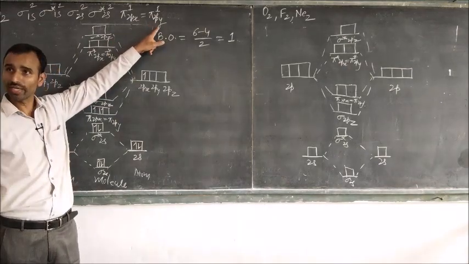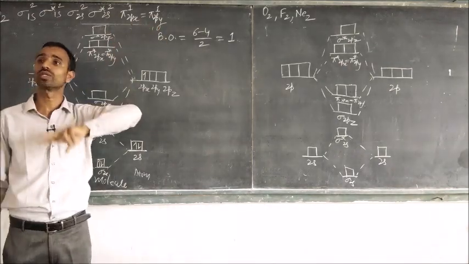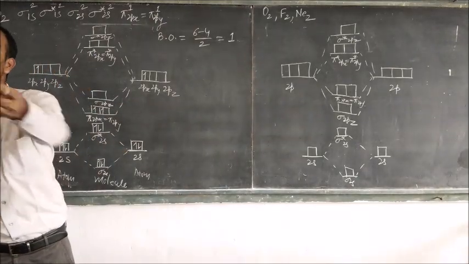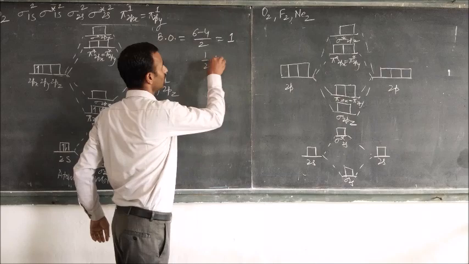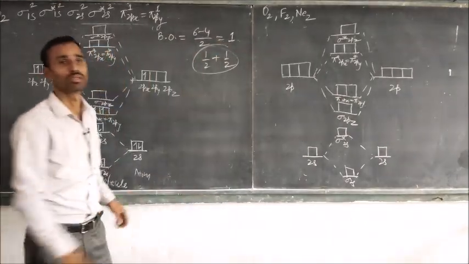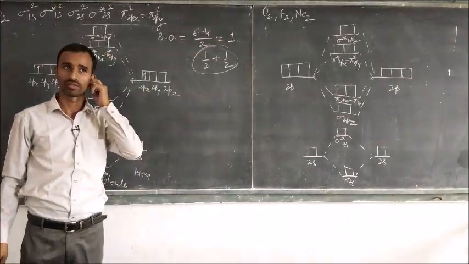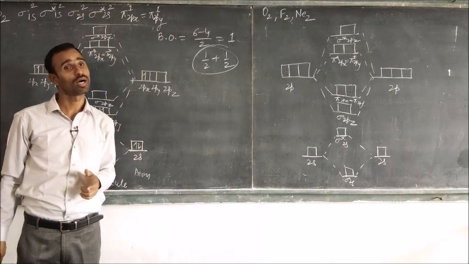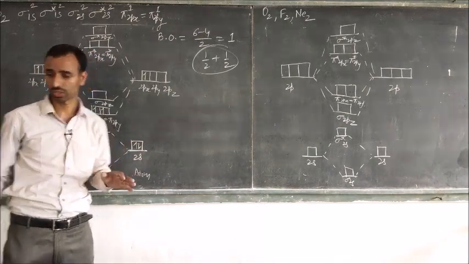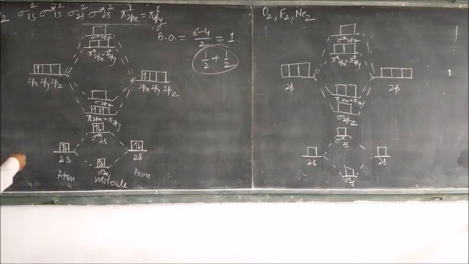With respect to 2py, again half bond order. There are two half pi bonds. That means this one is formed by half plus half. Keep in mind. The same is the case with C2.